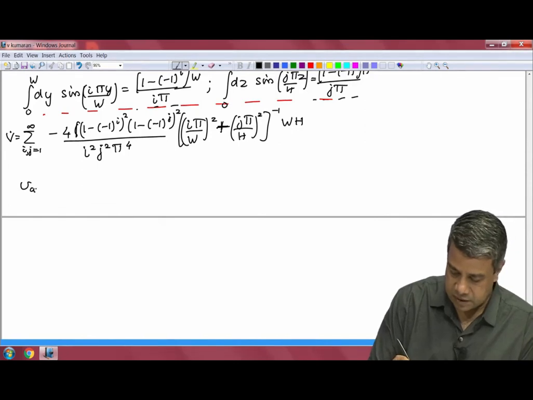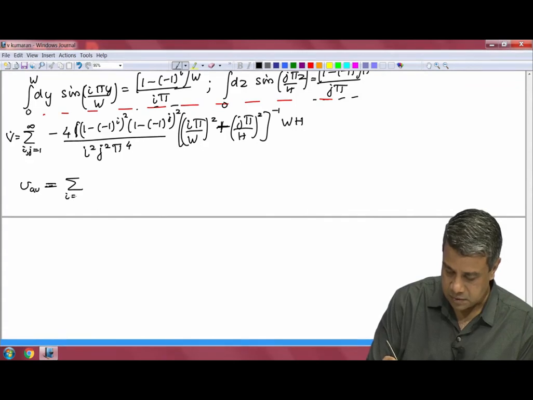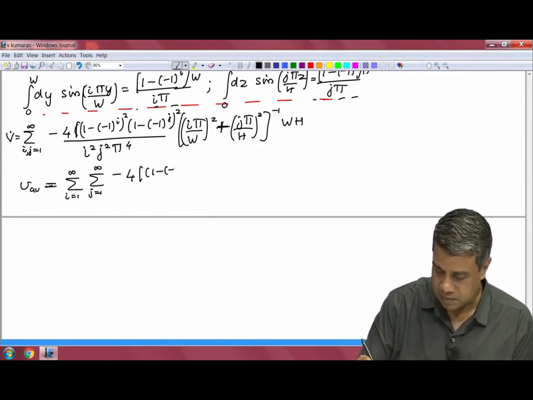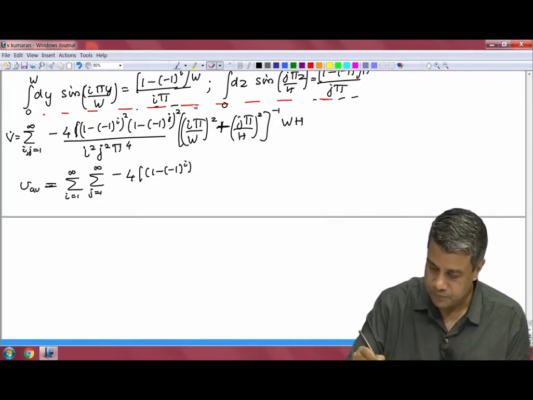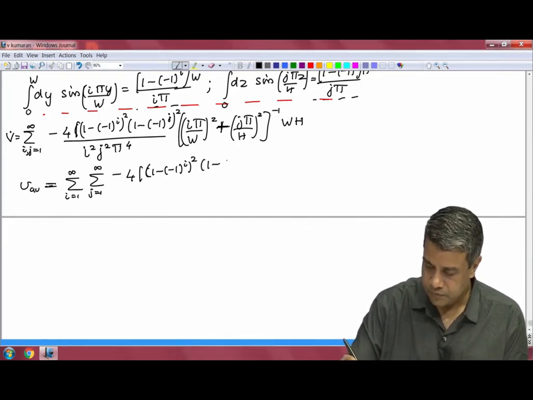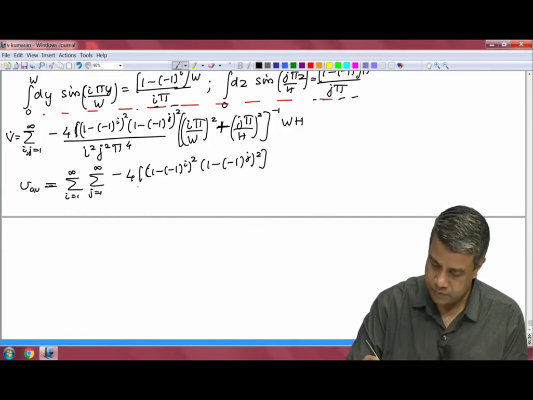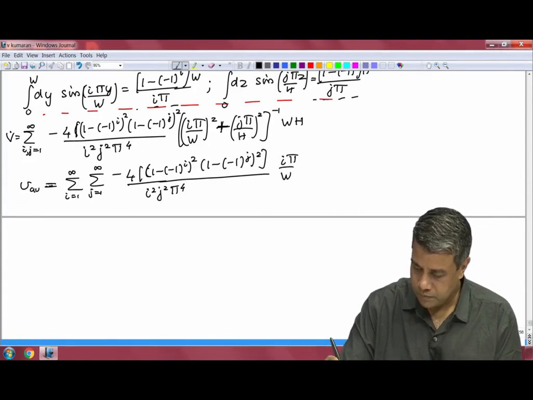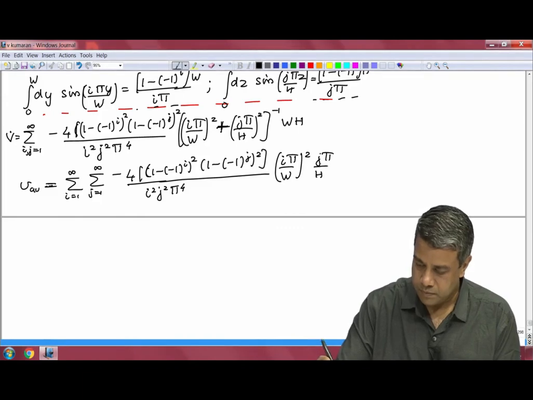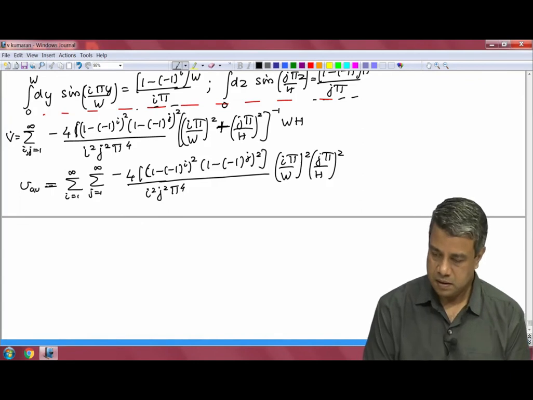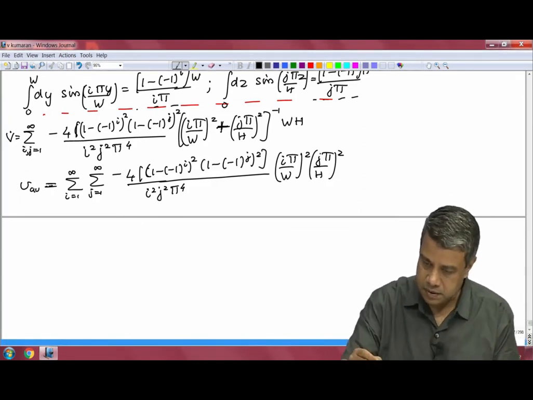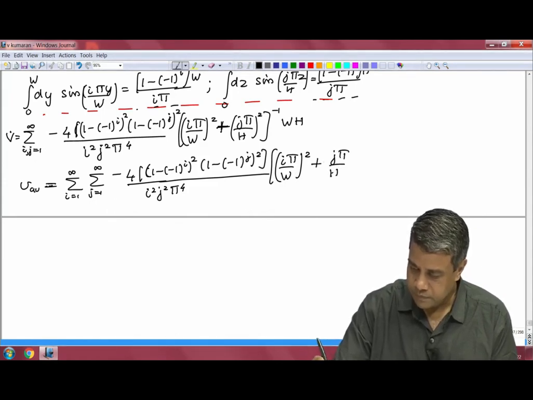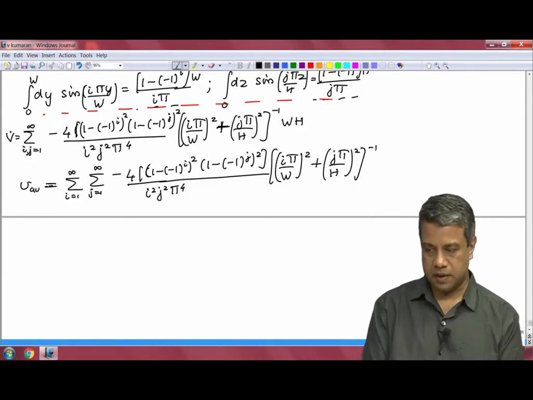So, therefore, the average velocity is equal to summation i is equal to 1 to infinity, summation j is equal to 1 to infinity of minus 4 into 1 minus minus 1 power i whole square, and so on, with j pi by h the whole square, whole inverse.